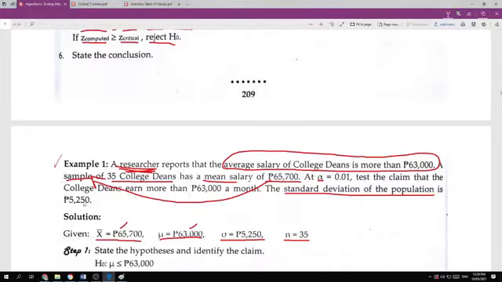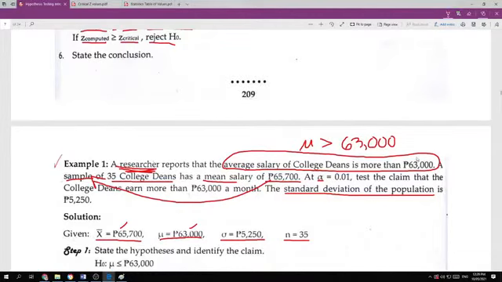So meaning, I will base on my alternative hypothesis. Based on this, the population mean, what symbol am I going to use for more than? So the population mean is more than 63,000.